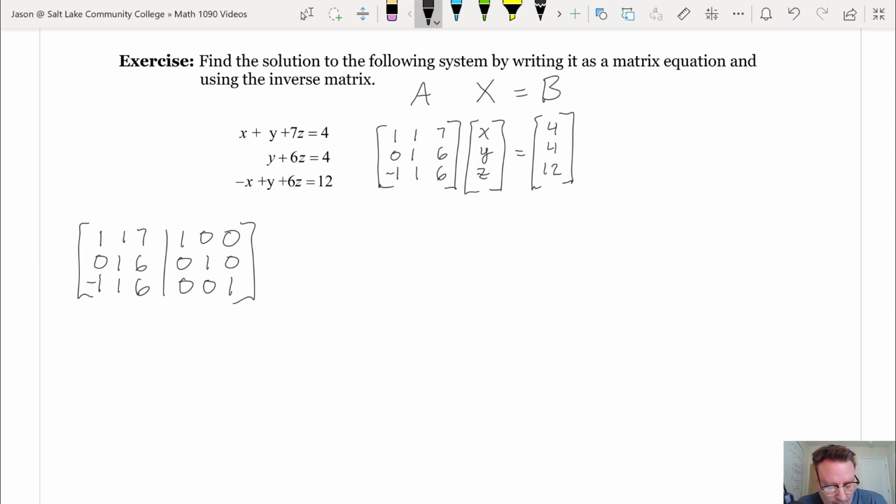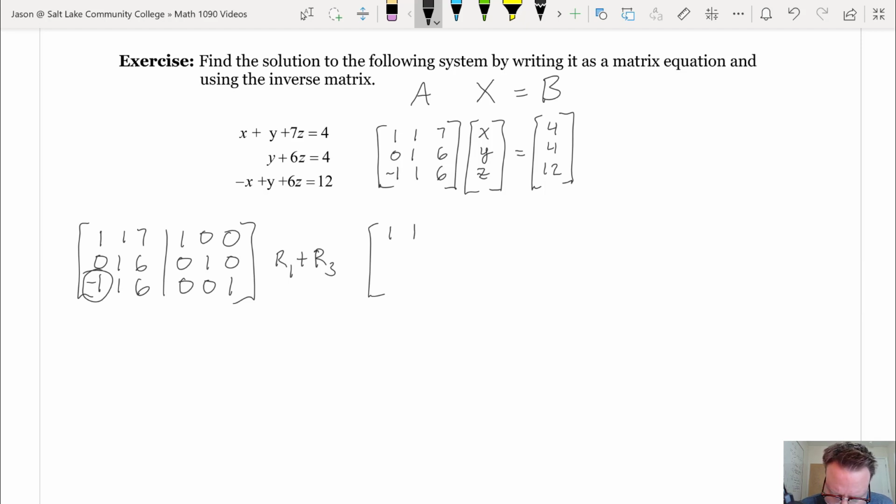Okay, my first row op will be to add row 1 to row 3, because I want to clear out this negative 1 right there. So the first two rows stay the same.